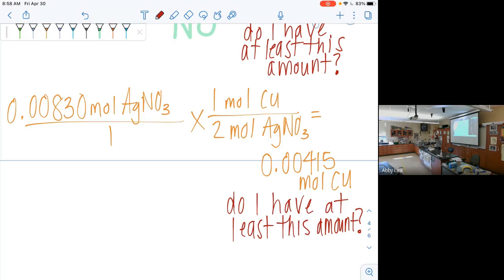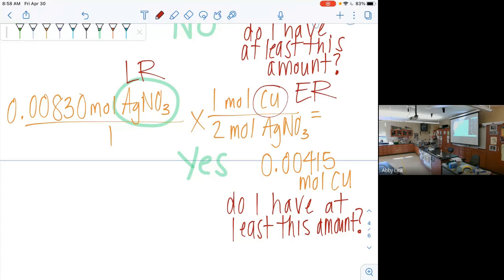The answer is yes, because I have 0.0461. So 0.00415, that's way less than 0.0461. So yes, that means AgNO3 is my limiting reactant, and that means copper is what we call our excess reactant, or ER.